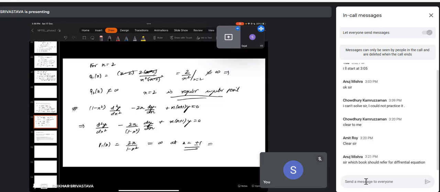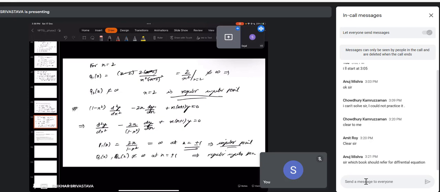So x equal to plus minus 1 are the singular points of this equation. And when you find q1x and q2x, they will come out not equal to infinity at x equal to plus minus 1. That will prove that these points are not only singular, but regular singular points.